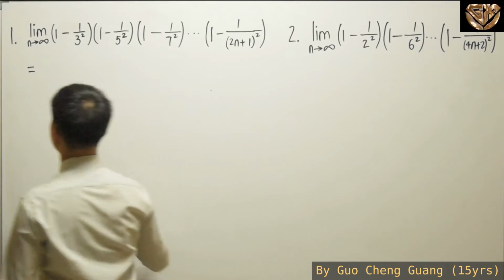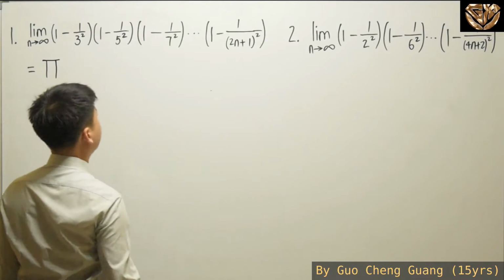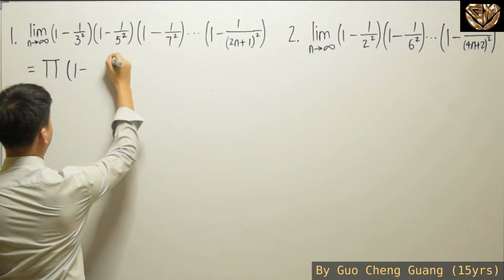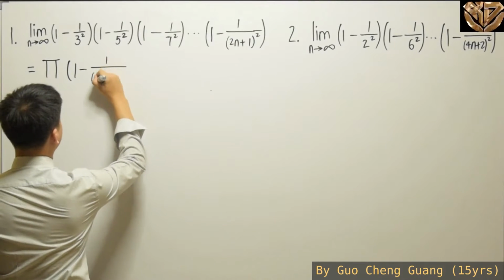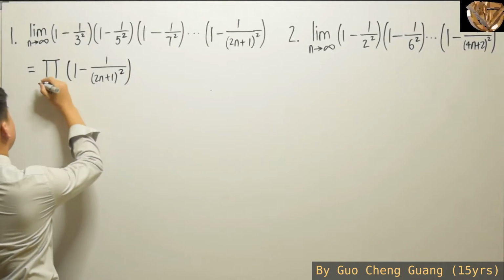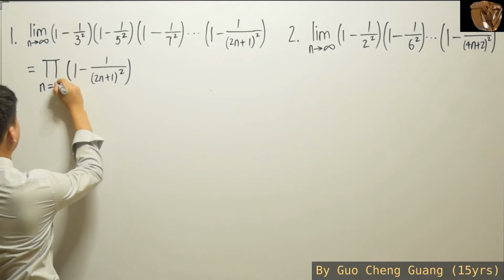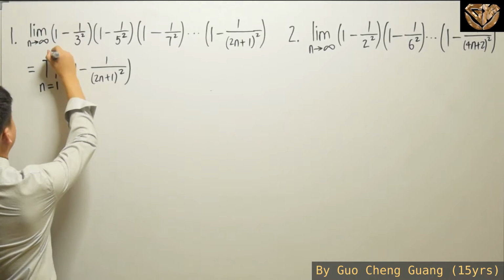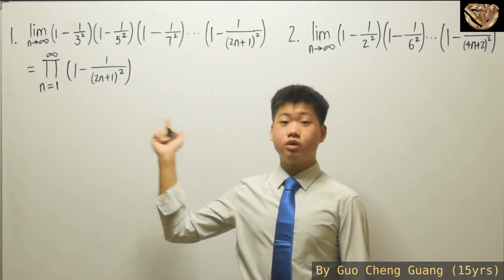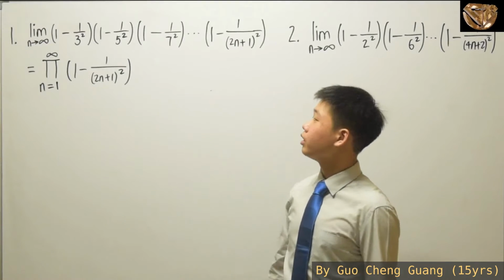In the pi notation, it would be 1 minus 1 over 2n plus 1 squared, and your n would start from 1 until infinity. This is the pi notation form of this limit.